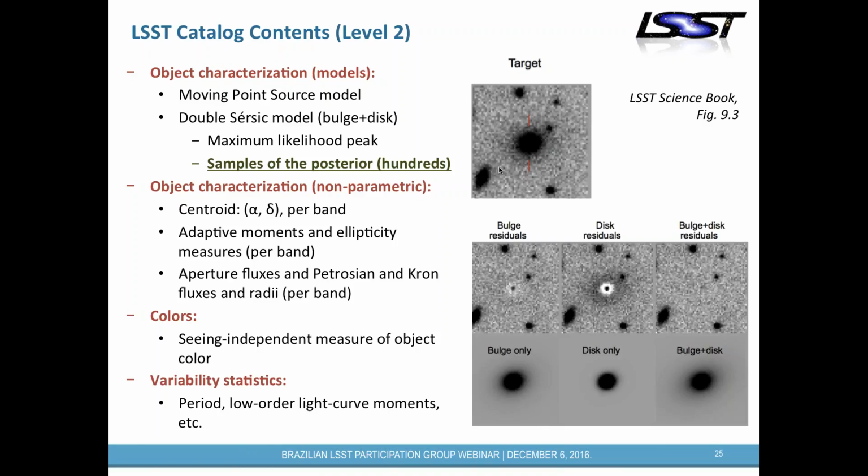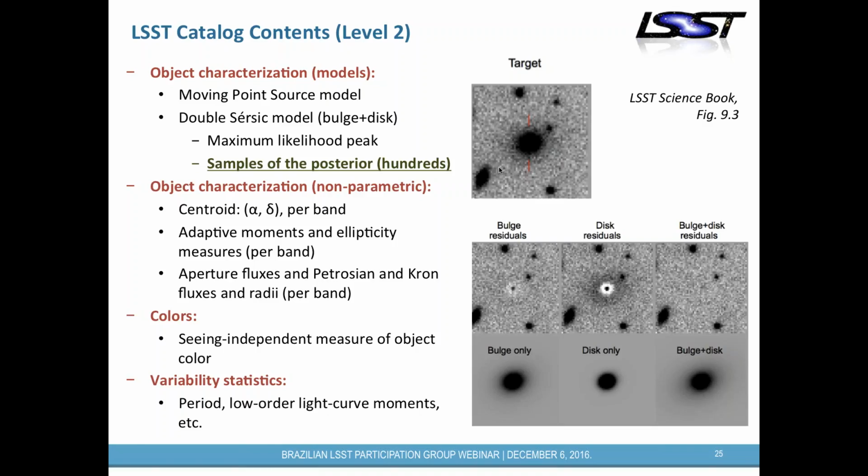And finally, although these are products produced in data releases, there's still a ton of information there. So we will compute all the variability statistics that we also compute for level 1, period, flux, Fourier moments, etc., and add those as columns, as properties of each object in the database. Let me take an example of RR Lyrae stars. If you care about RR Lyrae stars, you'll be able to select a good candidate set by just writing a SQL query to filter on period and on the shape of the light curve that's consistent with RR Lyrae.